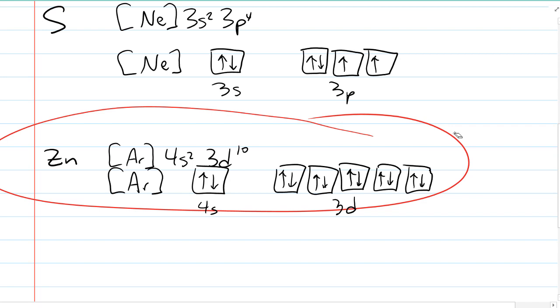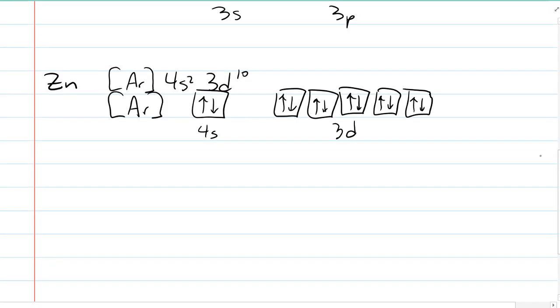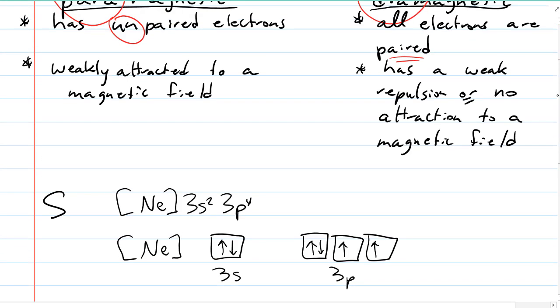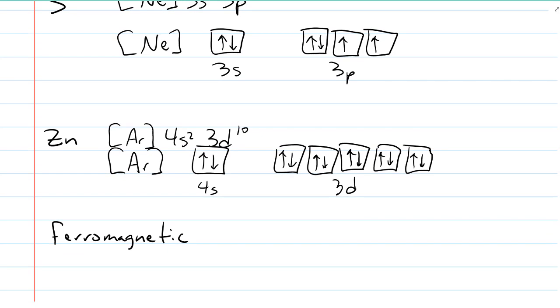Okay, now the one thing we did not get to in our last class period was the concept of ferromagnetism. Ferromagnetic is different than paramagnetic and diamagnetic.